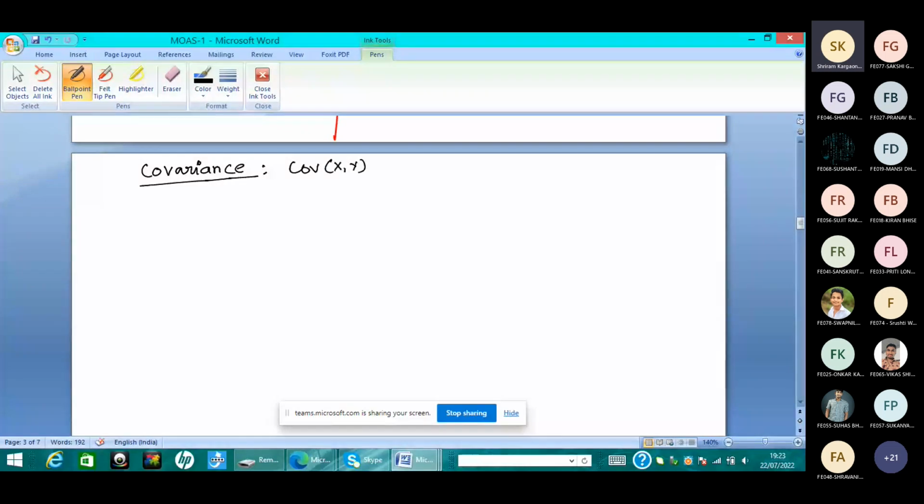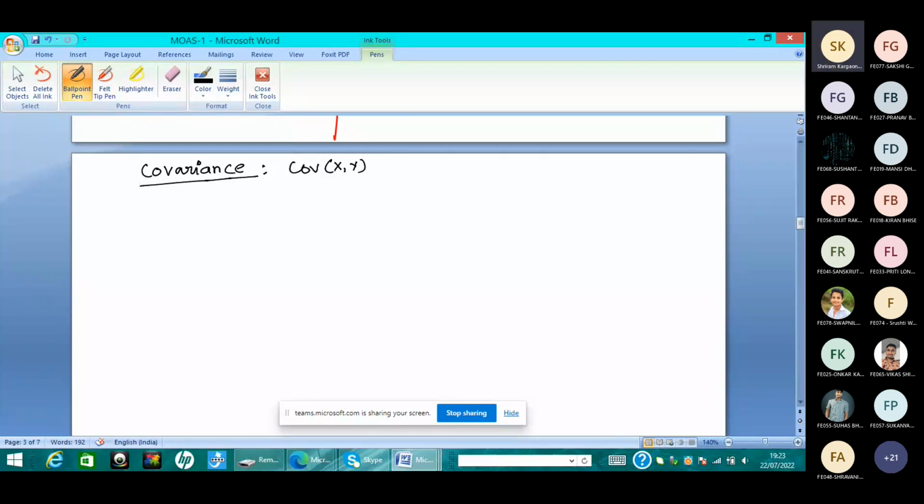If you do not understand the meaning of covariance, then you will never understand the meaning of correlation. In every topic there are some important terms, and this is the important term for correlation. So let's understand the covariance without taking much time.